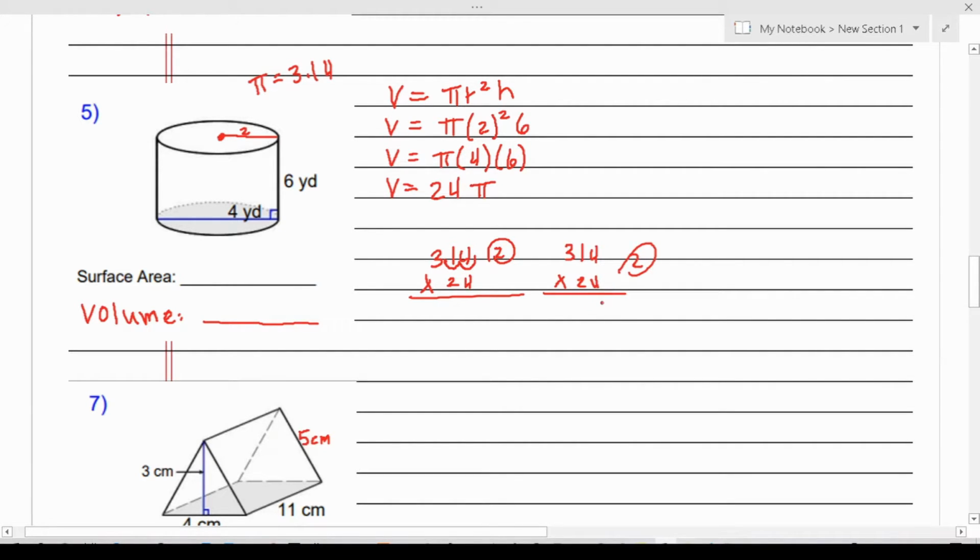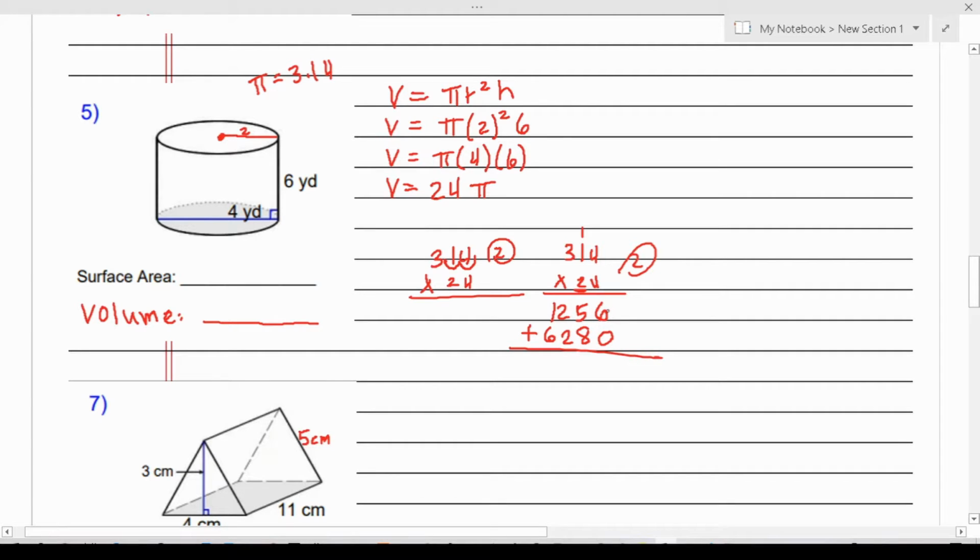So 4 times 4 is 16, carry your 1. 4 times 1 is 4, plus 1 is 5. 4 times 3 is 12. Add a 0 placeholder since we're starting this number. 2 times 4 is 8. 2 times 1 is 2. And then 2 times 3 is 6.